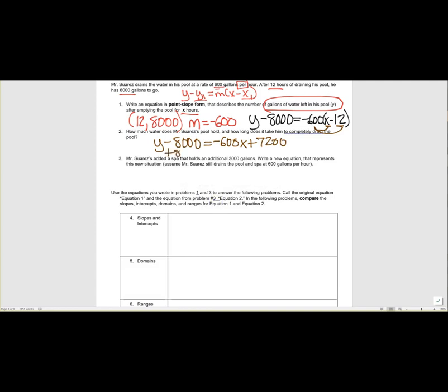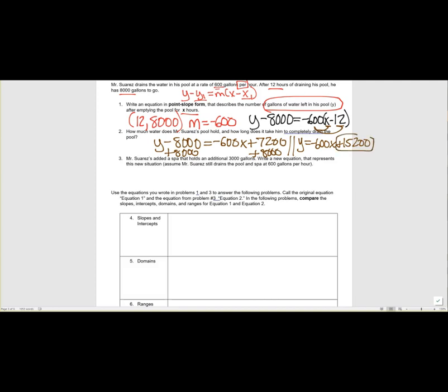Okay, by adding 8,000 to both sides, this equation could be written as y equals negative 600x plus 15,200.